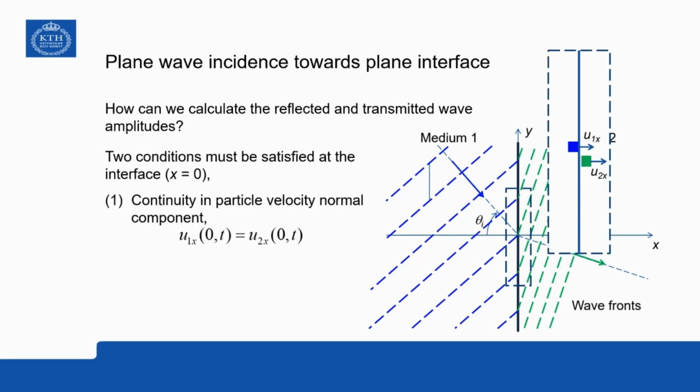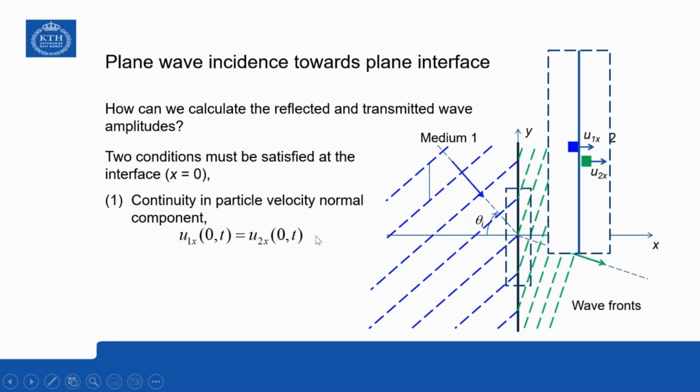Well, we have two unknowns now, the reflected wave amplitude and the transmitted wave amplitude. So we actually need two conditions to be able to determine these two unknowns. And the first condition is that, exactly like before, we need continuity in the particle velocity along the interface.